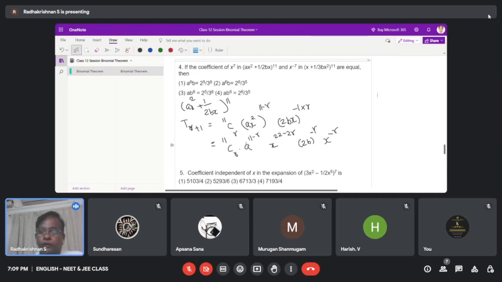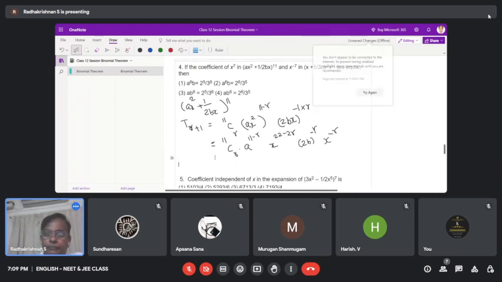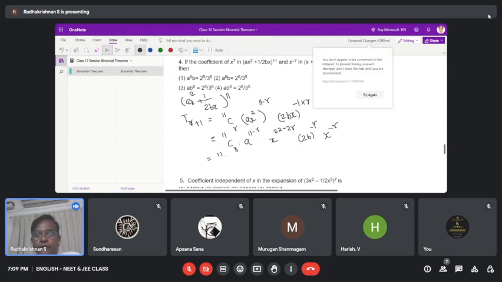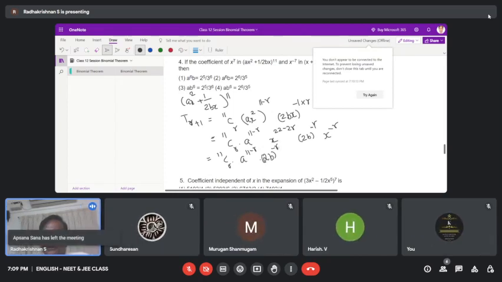So I have separated out the terms that contain x and that do not contain x. That is what I have done here. I have taken (11Cr) a power 11 minus r into 2b to the power of minus r. Now let's put all the x together: 22 minus 2r minus r.